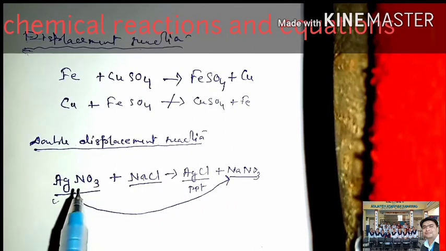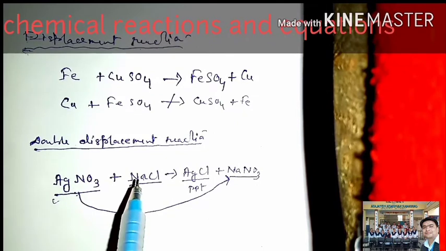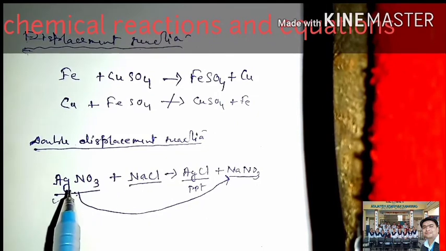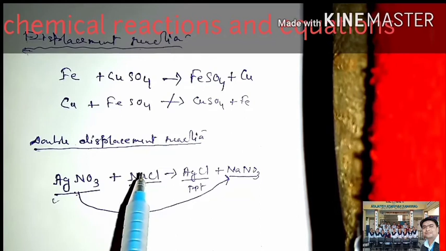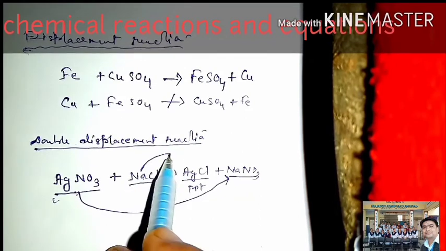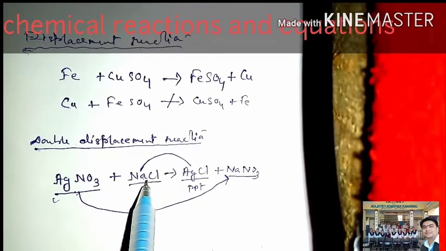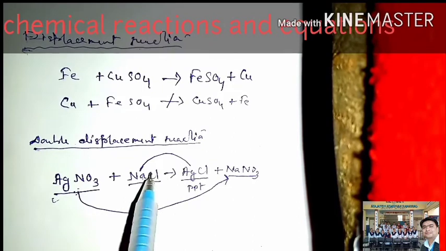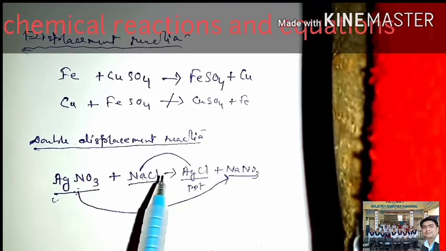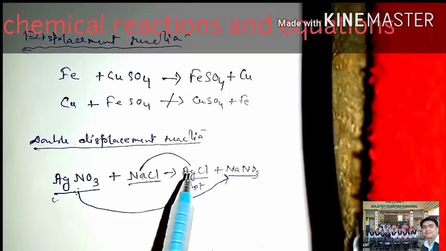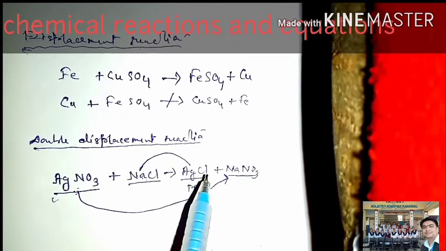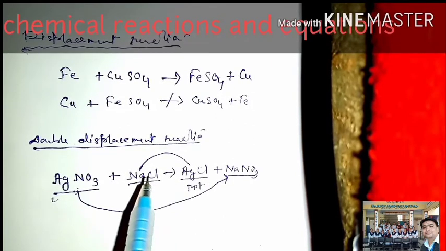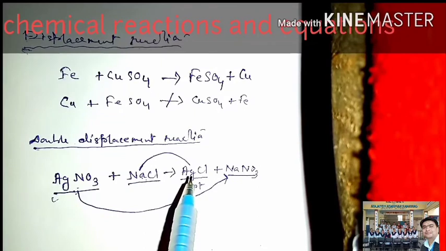It means silver is displaced by sodium. Now sodium chloride, by reacting with silver nitrate, changes to silver chloride. That means sodium chloride is converting into silver chloride. So clearly it shows that sodium is displaced by silver.